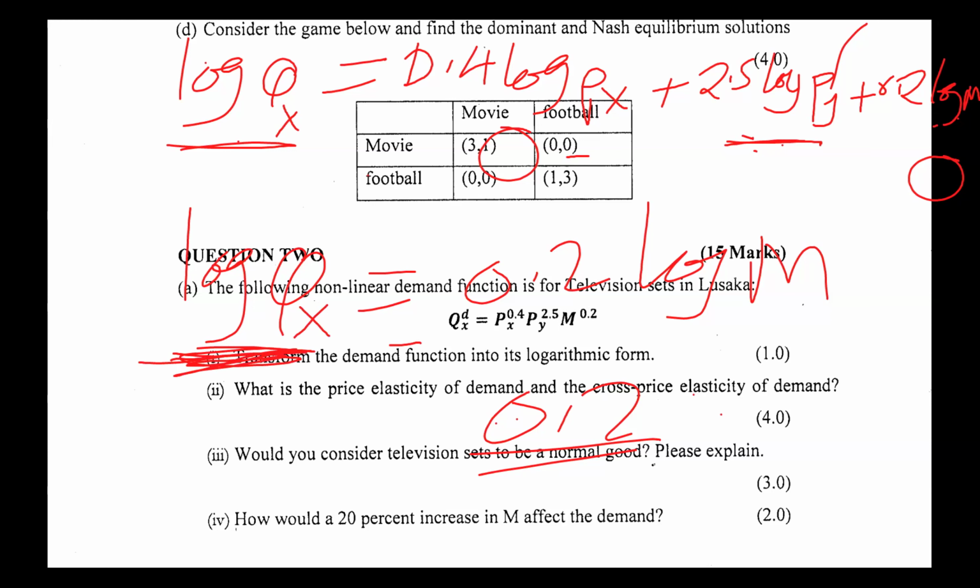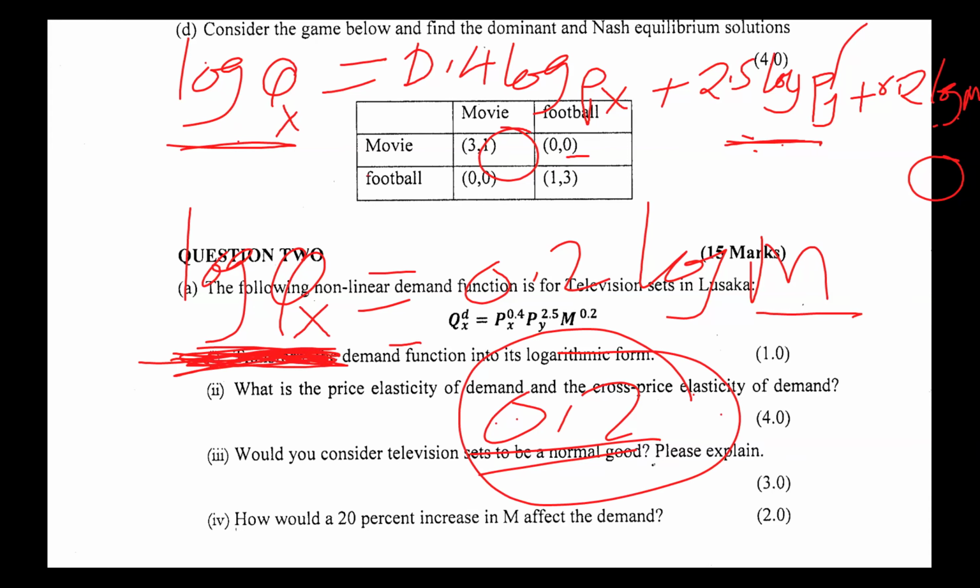The interpretation would be: a 1% change in income leads to a 20% change in the quantity demanded of good X. You got it? Yes. Okay.